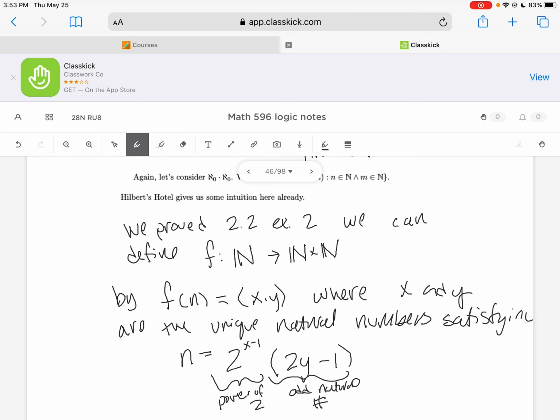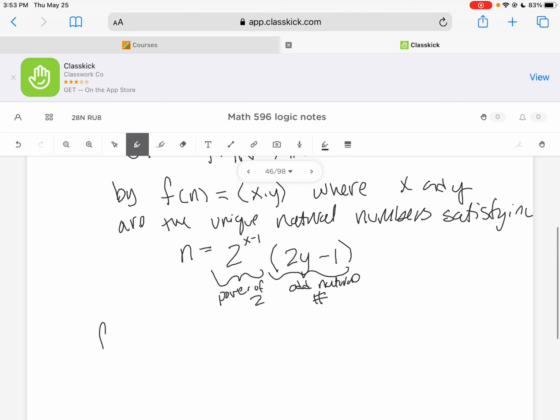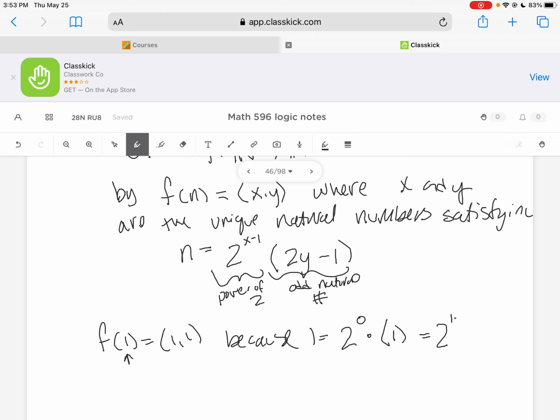So just to give you a couple of examples, f of 1 is going to map to (1, 1), because we can express our input 1 as 2 to the power of 0 times 1, or 2 to the 1 minus 1 times (2 times 1 minus 1).